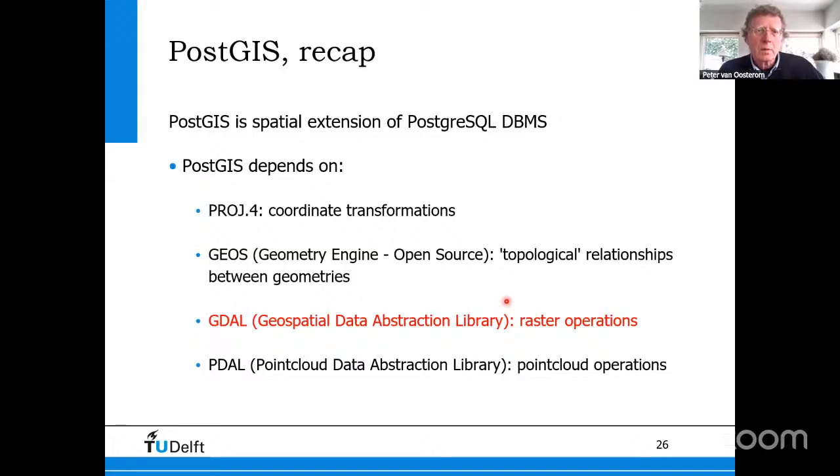One for coordinate transformation, PROJ4, and in this case, it is using a lot the GDAL library, Geospatial Data Abstraction Library, which has a lot of raster functionality. So the PostGIS developers did not develop everything themselves. They were using this library and making an SQL kind of flavor or interface of the functionality.